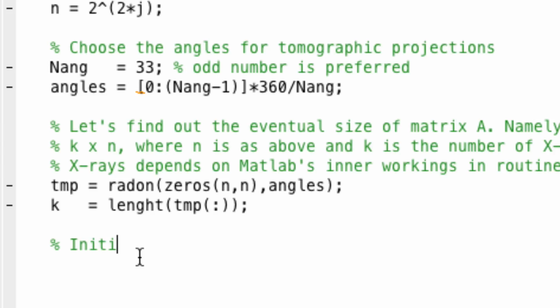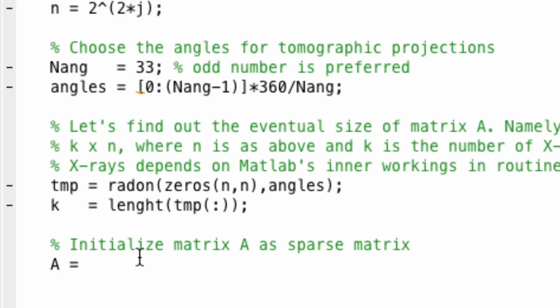Then we can initialize our matrix. And to save space, let's do it in sparse format, because there will be a lot of zeros in our final matrix A, because every X-ray is only intersecting so many pixels, not all of them. So mostly the values in matrix A will be 0. So we'll do it sparse.